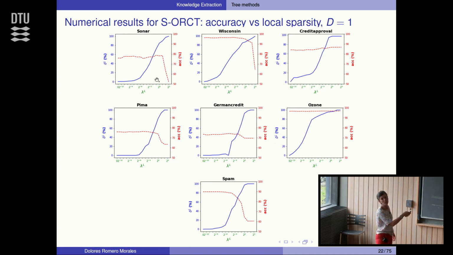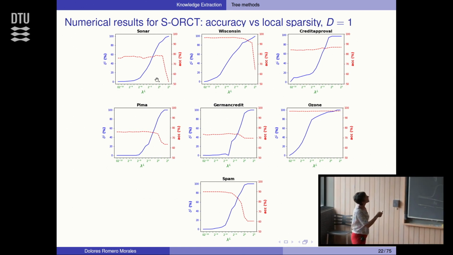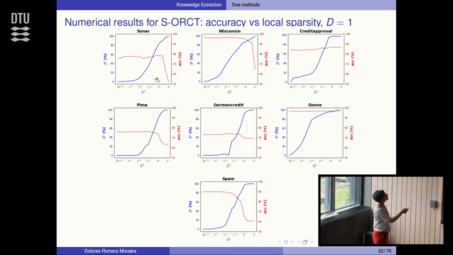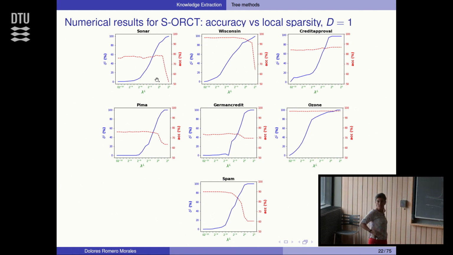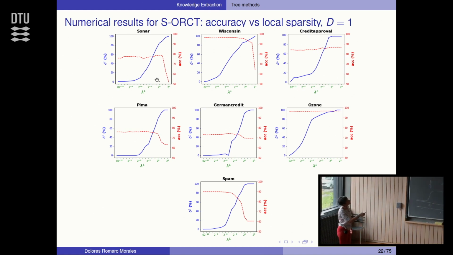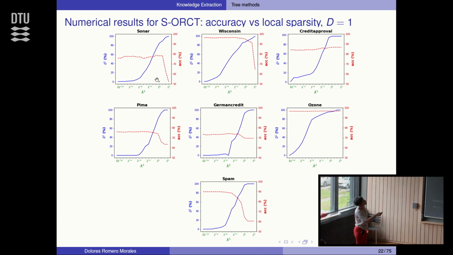But this is depth 1. So actually you only have 2 terminal nodes. What we figured out is, if you look at the red, that is your accuracy. Your accuracy can stay the same for a long time, while your sparsity is improving and improving a lot. So this is what we can see here.